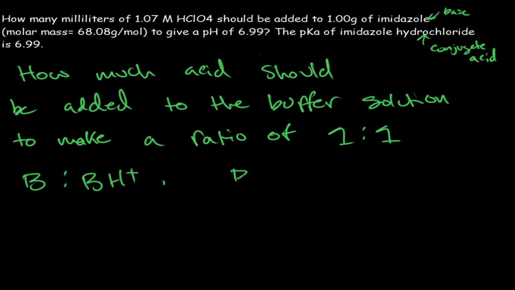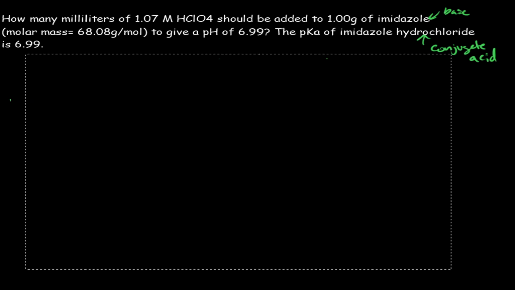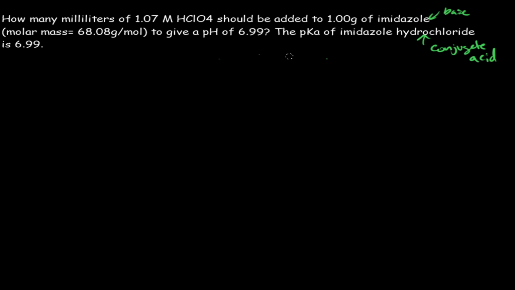Because if this equals 1, then our log would be 0, and then our pH would equal our pKa. So to figure out how much acid we need to add to our buffer solution to get the ratio of B to BH plus to be 1, let's first calculate how much base we have already.